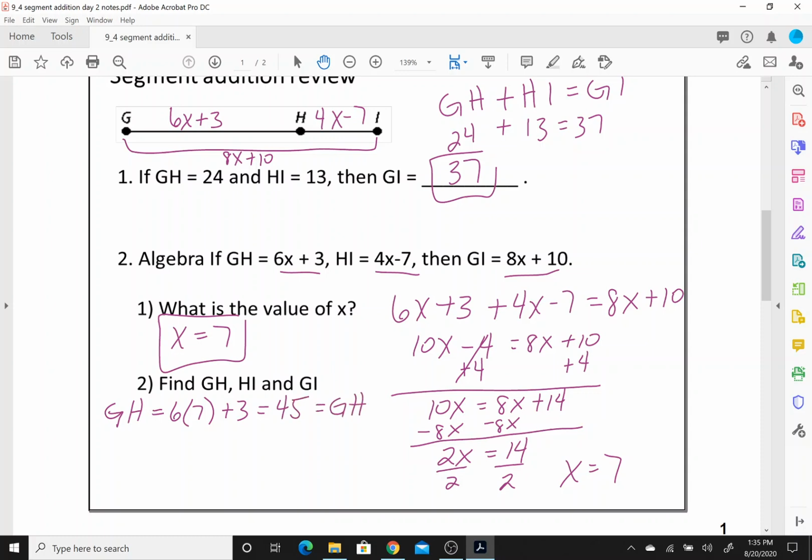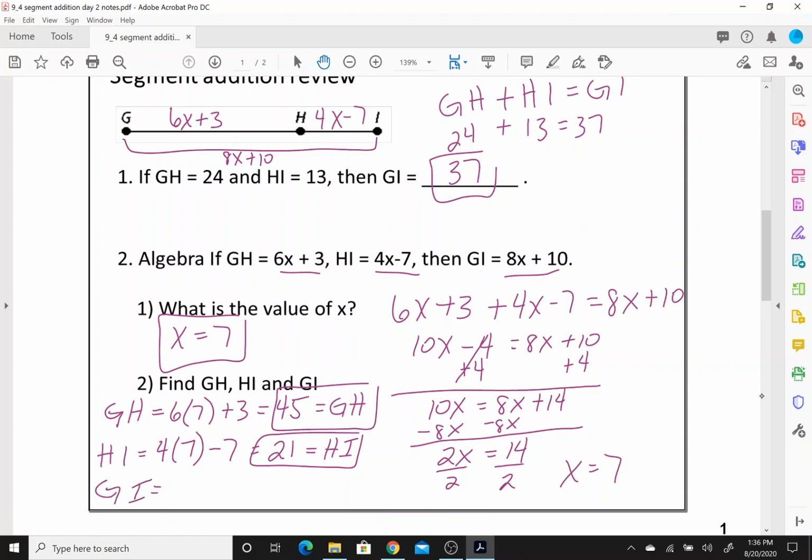So GH is 45. And then now do HI. HI is 4x minus 7, so instead of x we put 7. What is 4 times 7? 28. Now 28, take away 7, you get 21. So HI is 21.